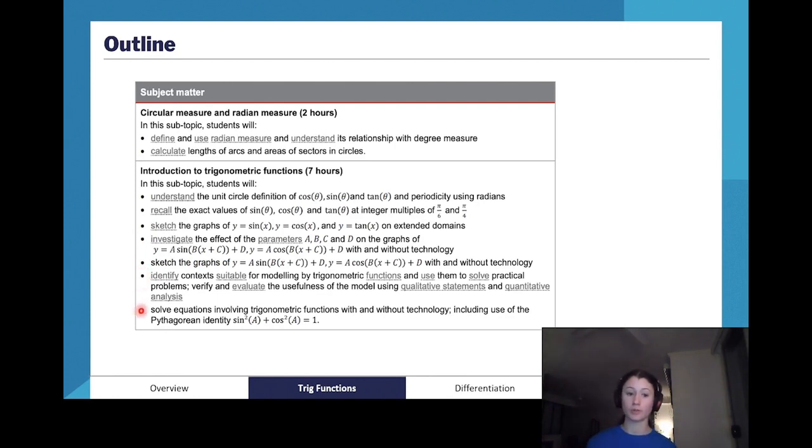Then we're also going to be looking at solving equations involving trig functions, including the use of the Pythagorean identity. So we have a lot to get through today. So let's get started.